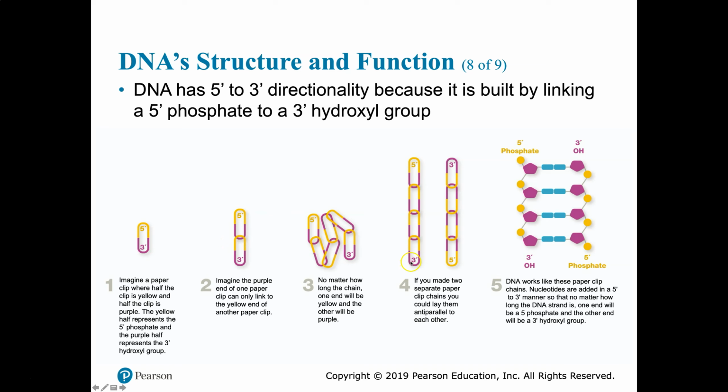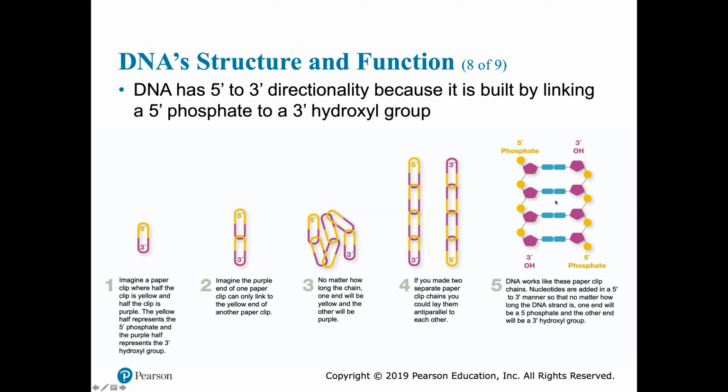And you can see here, by the time you get to step 4, you have a strand that goes from top to bottom, 5' to 3', and then you have an opposite strand that goes 3' to 5'. And what that does is it allows the phosphates to face outward on both strands. It allows the sugar to be within the backbone, and then it allows the nitrogenous bases to face each other.